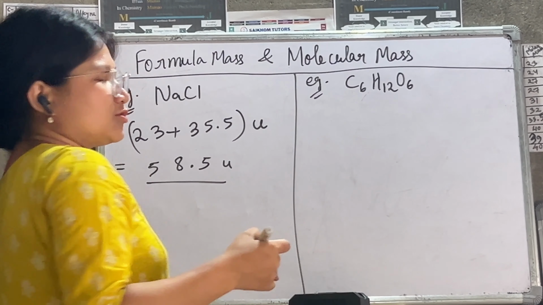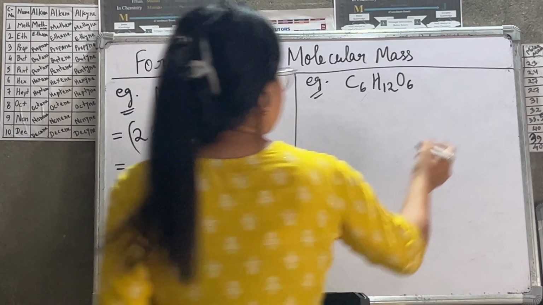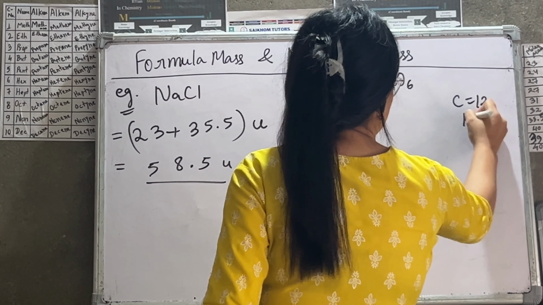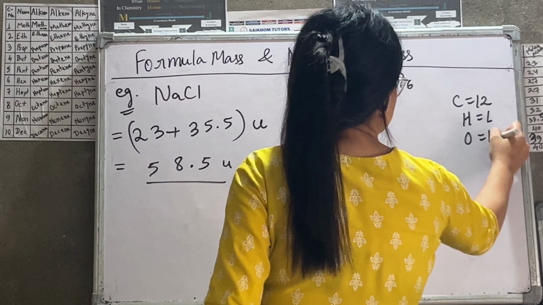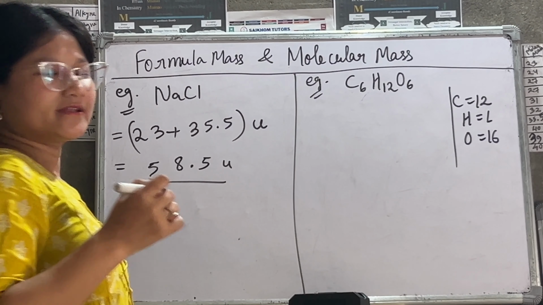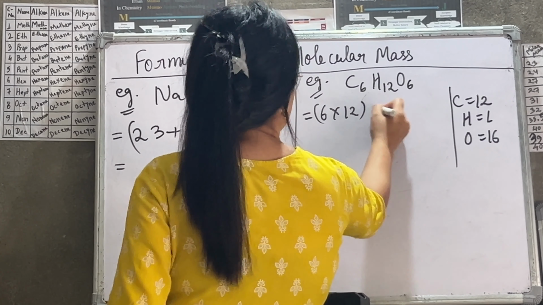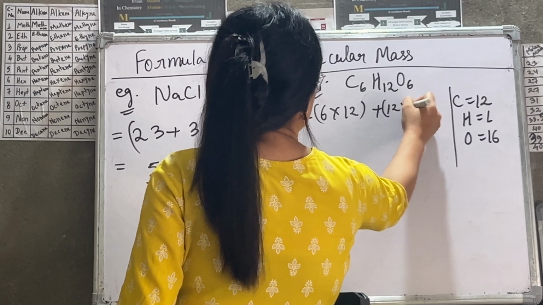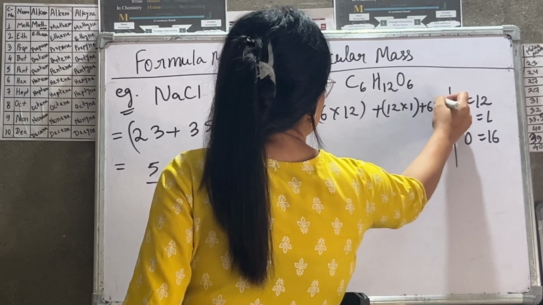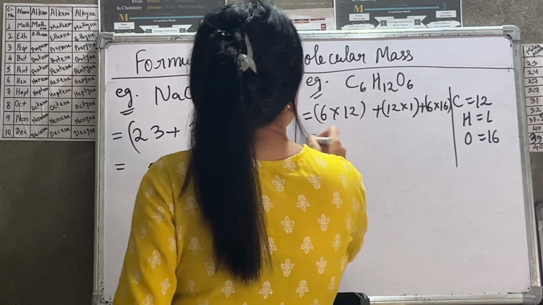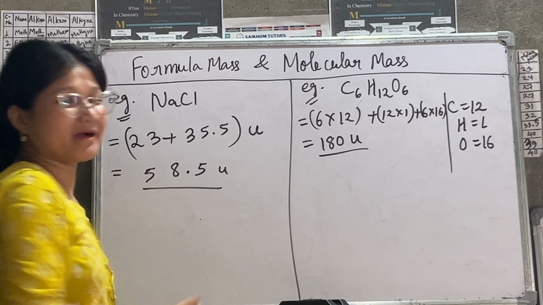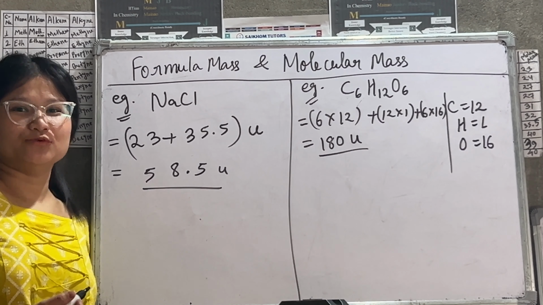Next is the molecular mass of the example C6H12O6. The mass of carbon is 12, hydrogen is 1, oxygen is 16. So calculate 6 into 12 plus 12 into 1 plus 6 into 16, which is 180 atomic mass units, simply u.